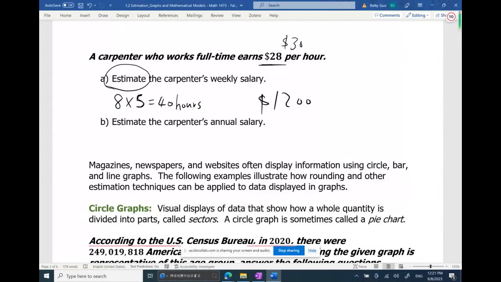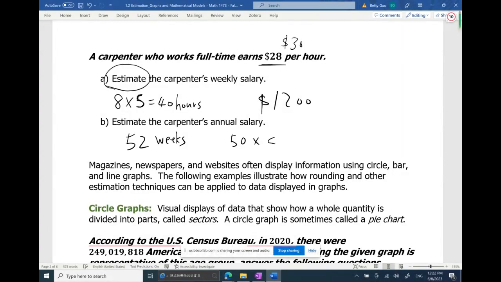Part B, estimate the carpenter's annual salary. We already have the estimate for the carpenter's weekly salary, which is $1,200. And we only need to know how many weeks are in a year, right? We know there are around 52 weeks in a year. But 52 is not convenient. How about we round it to 50. Let's say we have around 50 weeks in a year.